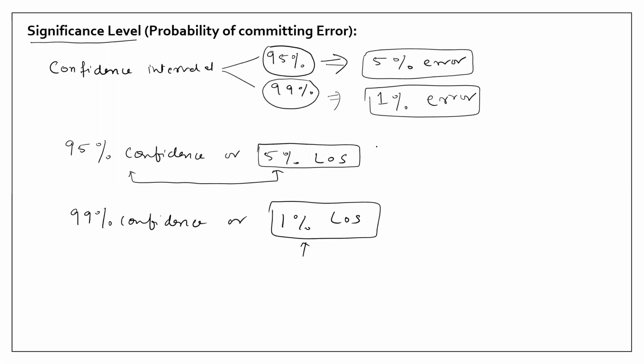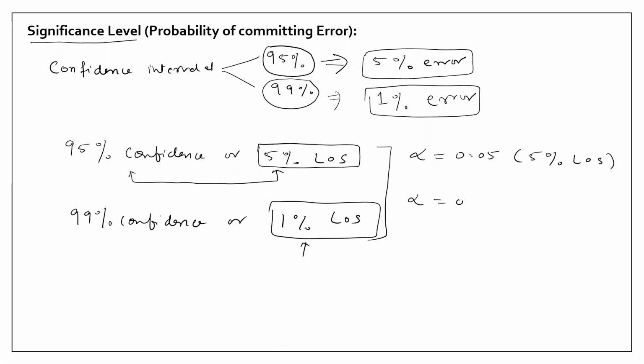And this 5% and 1% we will denote with Z of, as I've said, alpha by 2, right? So we write this as Z of 0.05 by 2. Here this 5% and 1% is denoted with alpha. So if I say alpha is 0.05, I'm talking about 5% level of significance.